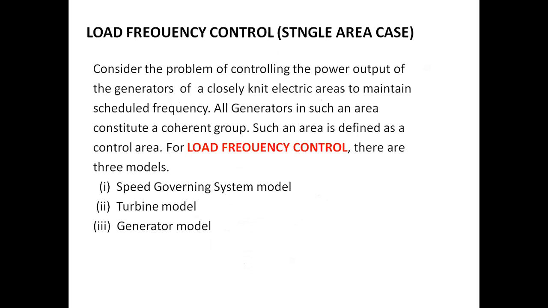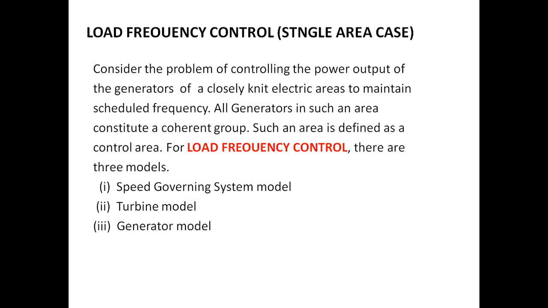Now consider the problem of controlling the power output of the generator in areas to maintain scheduled frequency. Suppose in a particular area we have many generators which are connected to the infinite bus. In that case, your system frequency and voltage are taken as constant; they will not change.